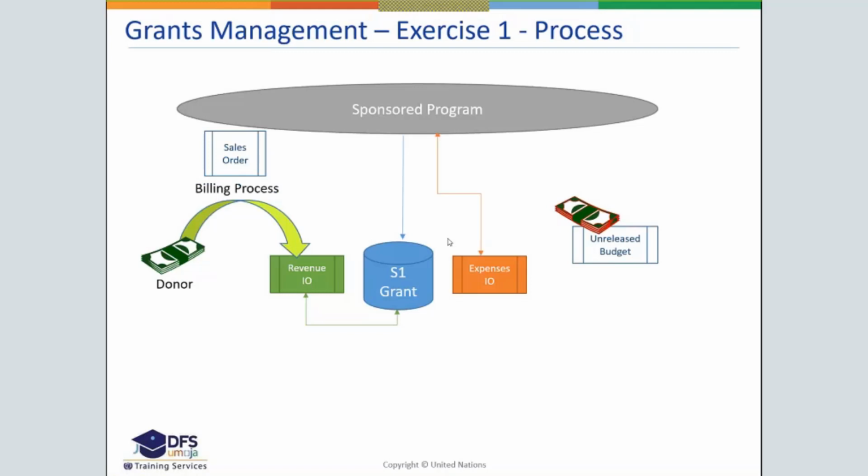The expenses internal order will be linked to the sponsor program. As you see in the arrows, in the sponsor program we will have a reference to the expenses internal order, and in the internal order we will have a reference to the sponsor program. Once we have this expenses internal order, we will release this budget. We will make this budget ready to be consumed.